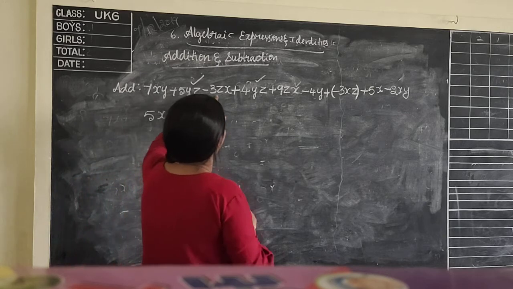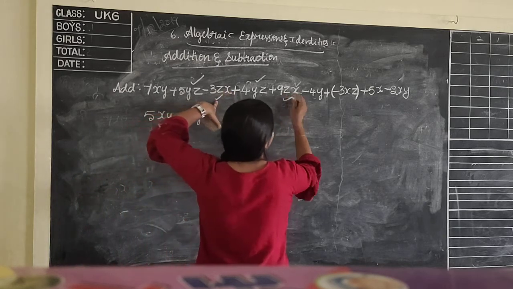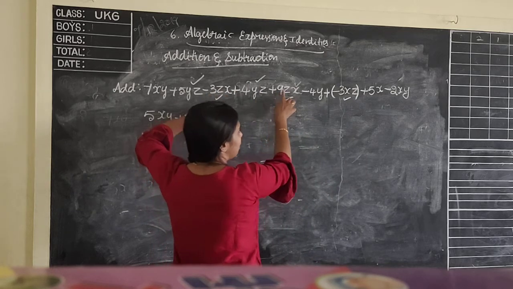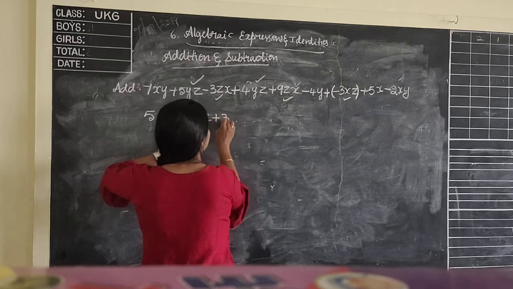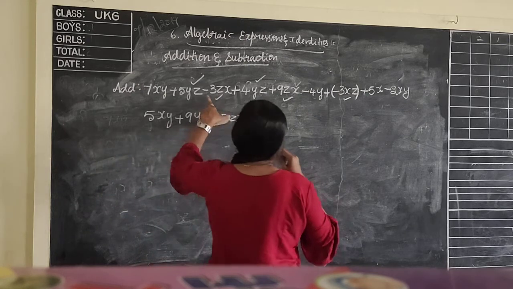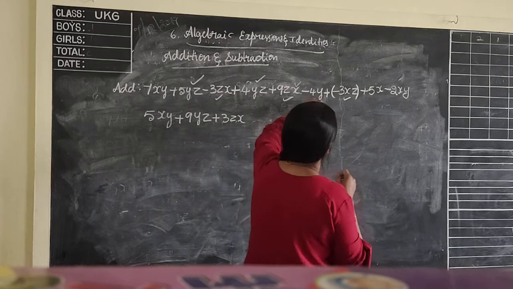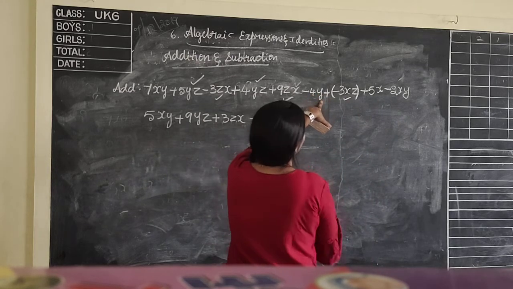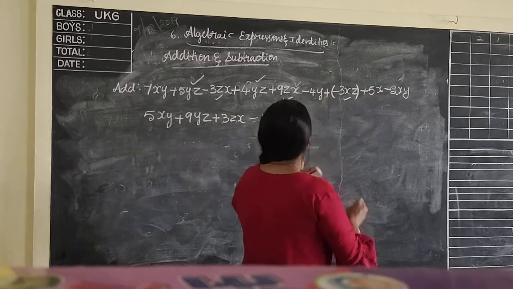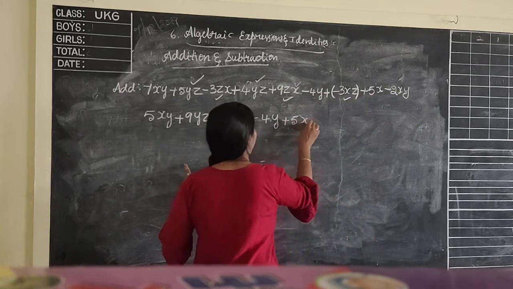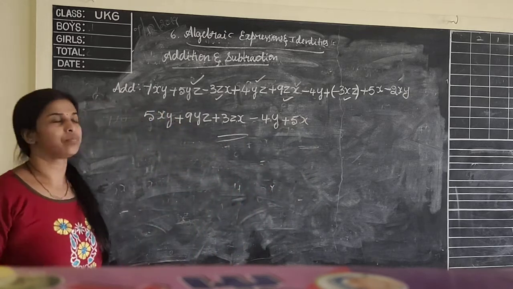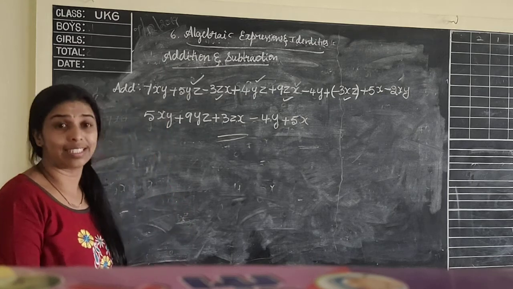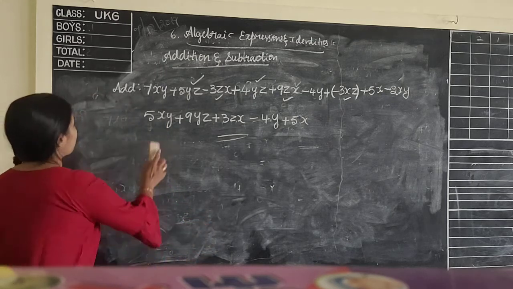Next zx is the answer. Okay? Which one is easy? Like it. This is about plus. Next I go for the subtraction.